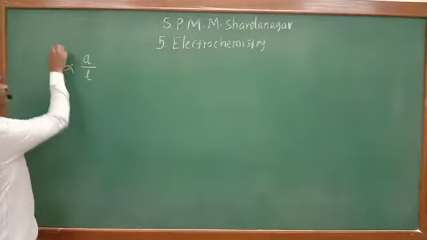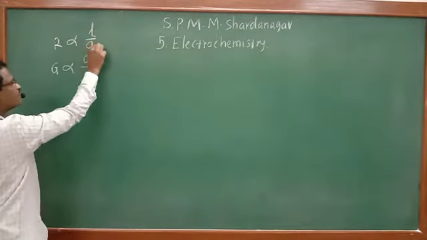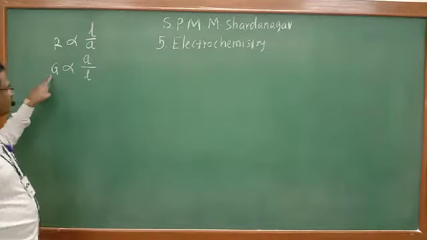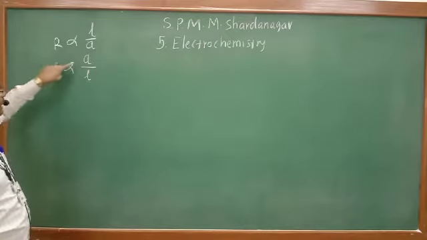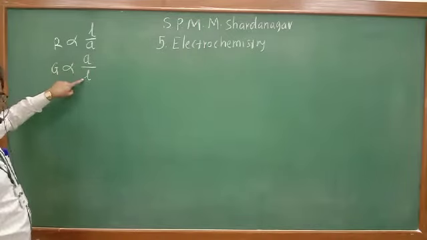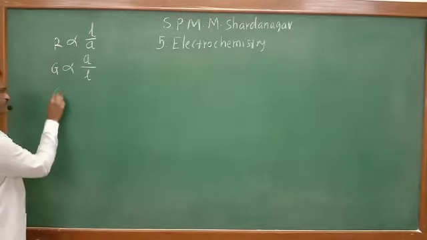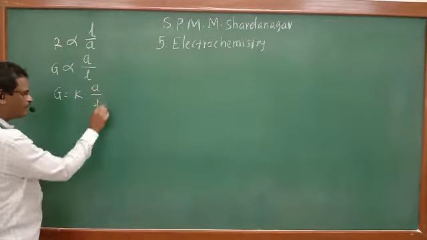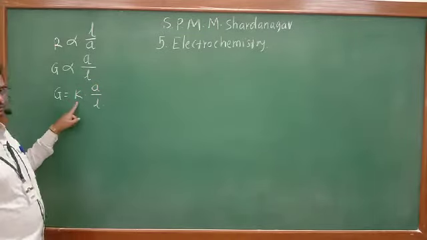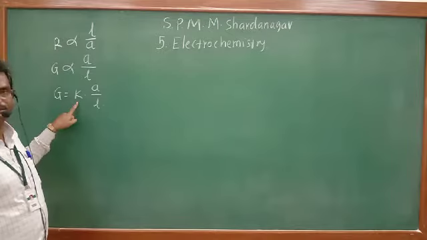Because resistance R is directly proportional to length and inversely proportional to area, and G is the reciprocal of R, therefore G is directly proportional to A and inversely proportional to L. Taking the proportionality constant, G will be equal to K into A upon L. This K is known as conductivity.